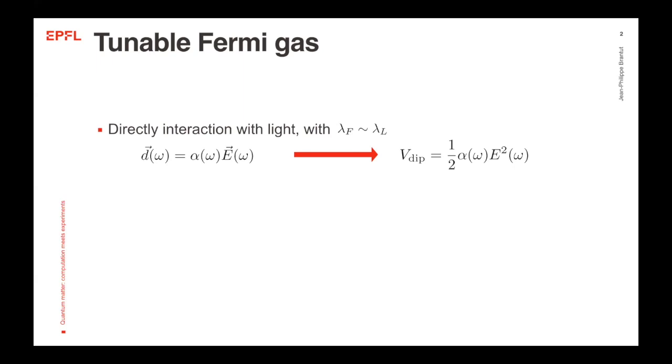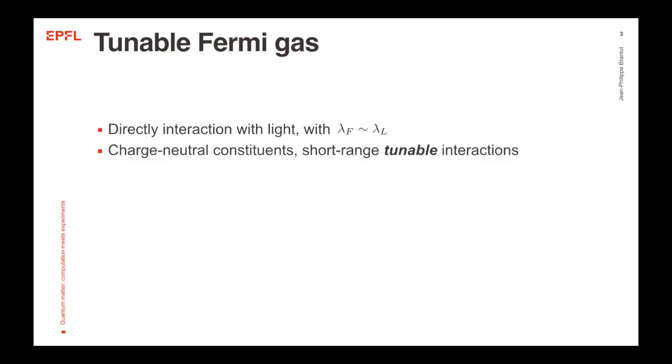The second, of course, is that atoms are actually charge neutral. So they interact by the van der Waals potential, which for all practical purposes for our densities and temperature is actually a contact interaction. This contact interaction is controlled by the solution of the two-atom problem, which is in turn controlled by the internal structure of the atoms.